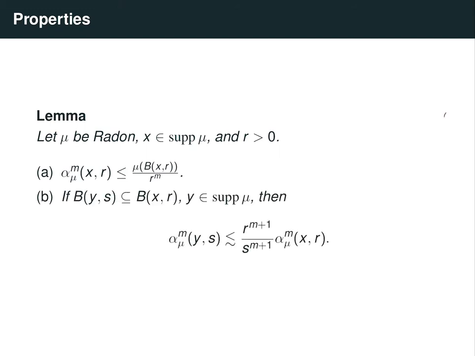Now, if we have a ball B(y,s) contained in the ball centered x of radius r and also centered on the support of mu, then the alpha number inside this ball is at most some constant times the alpha number for the larger ball, where the constant is proportional to a power of the ratio of the radii between the two balls. Okay, so the geometric idea is as follows. Let's say this is the ball centered x of radius r.